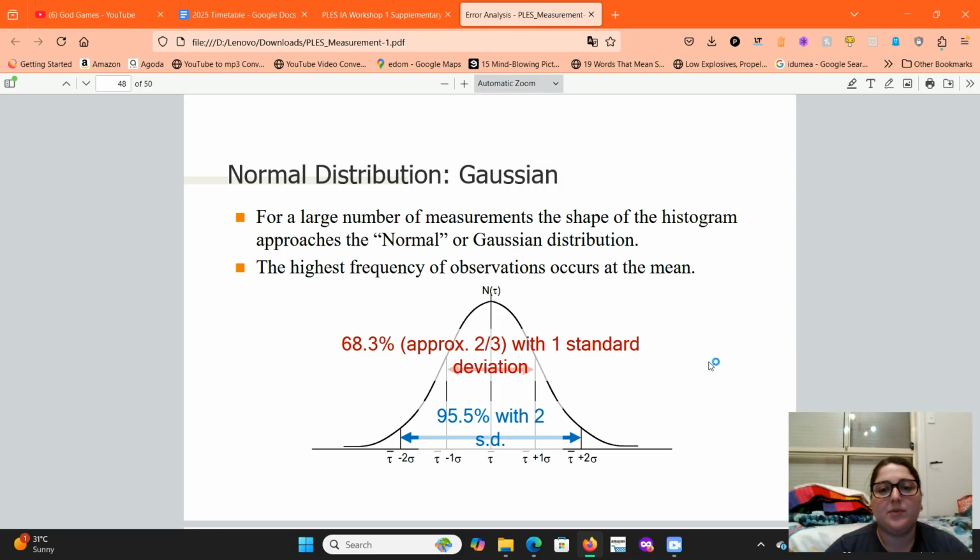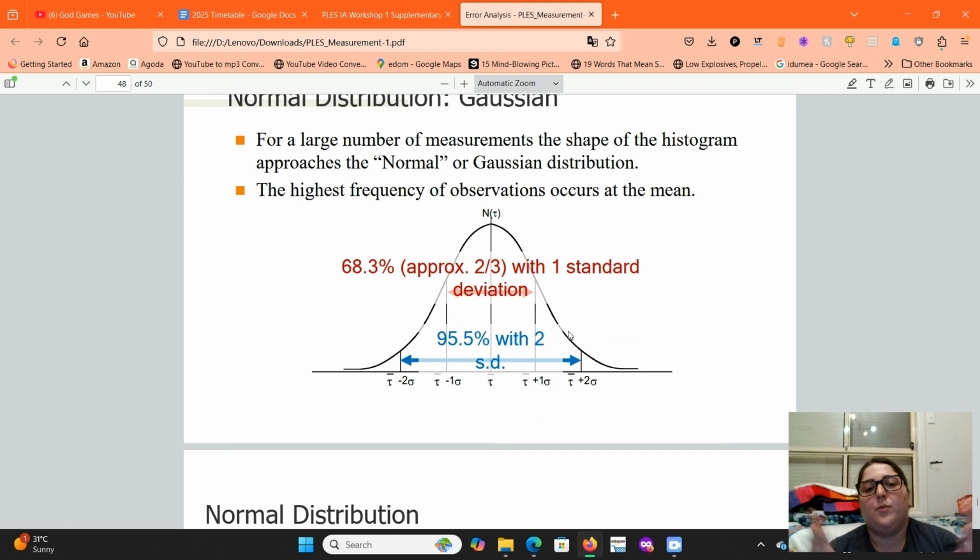The highest frequency of observations occurs at the mean. Okay? This should all be something that you have seen before. 68.3%, approximately 2/3, within one standard deviation. So in this area here, between this line and this line here. Okay? And then within 2 standard deviations, you get 95.5%.